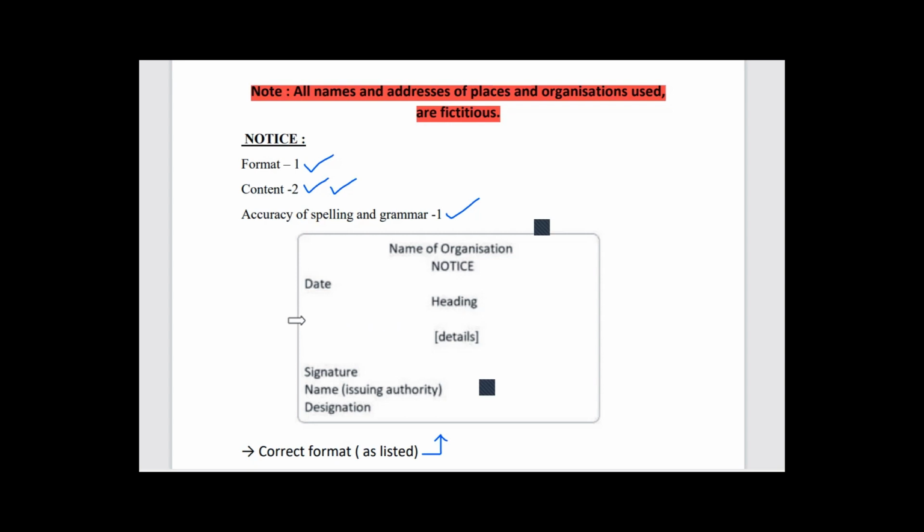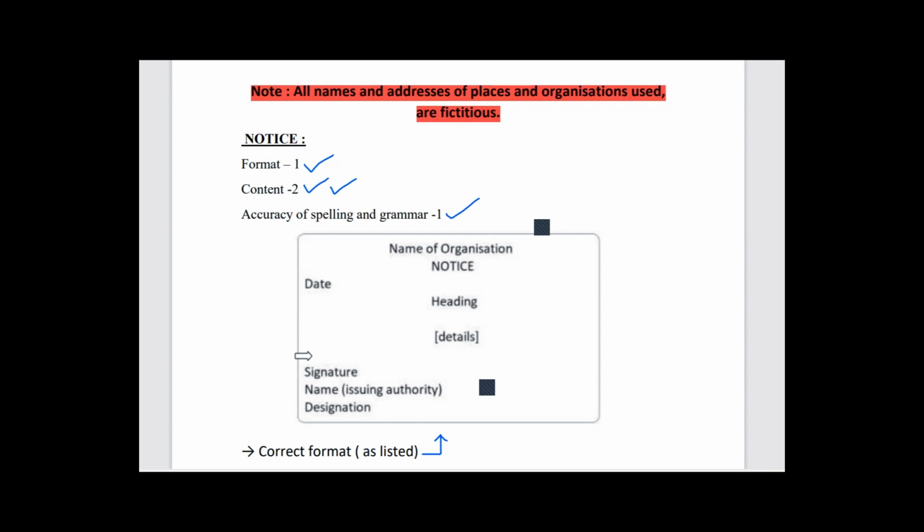Under the heading, in one paragraph, you give the details of the notice. Where do you get the details of the notice? You read the question carefully. In your question, you will have a lot of points that make up the details, or rather the body of the notice.